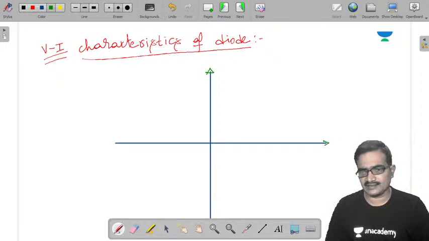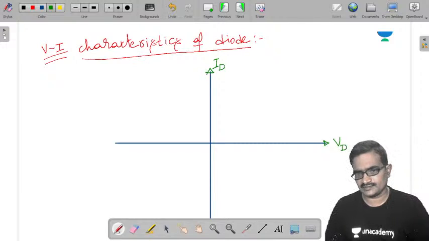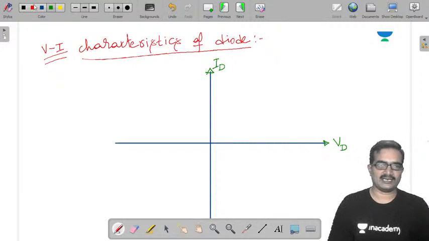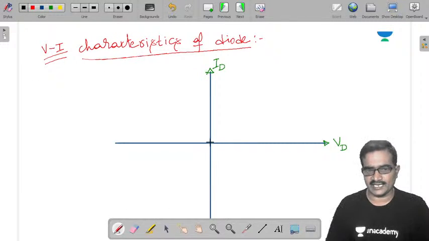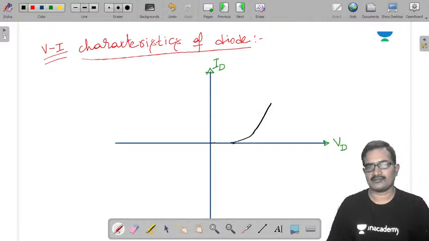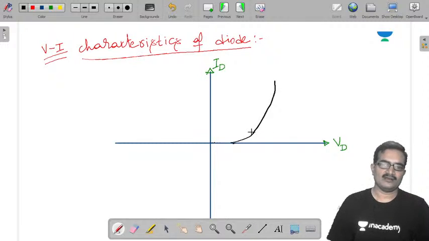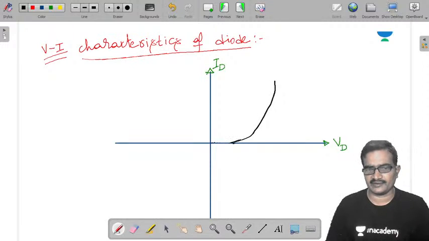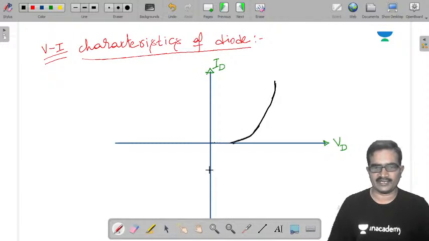This is the diode current and this is the diode voltage. Now the plot is like this. There is an exponential increment in diode current. Like this you can define your PN junction diode.